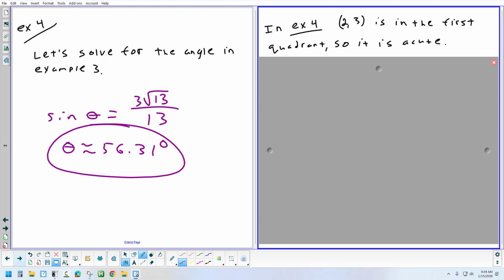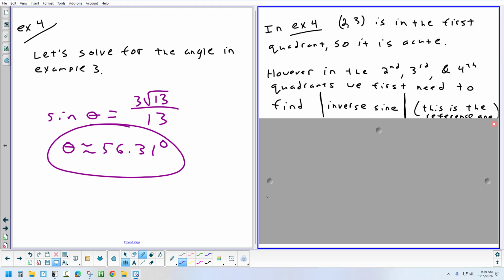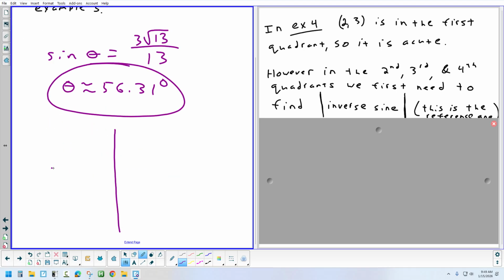Now, when we solved for that angle, it was in quadrant 1. So all we had to do was basically take the inverse sine of our angle. But what would have happened if we had the same triangle mirrored like that. Okay. When you solve, you would still get 56.31, but the 56.31 would be that, because it's reflected.